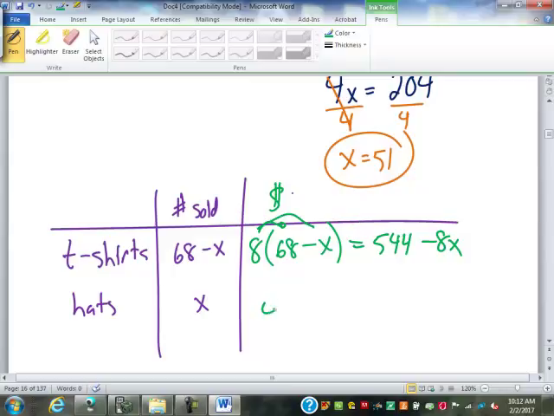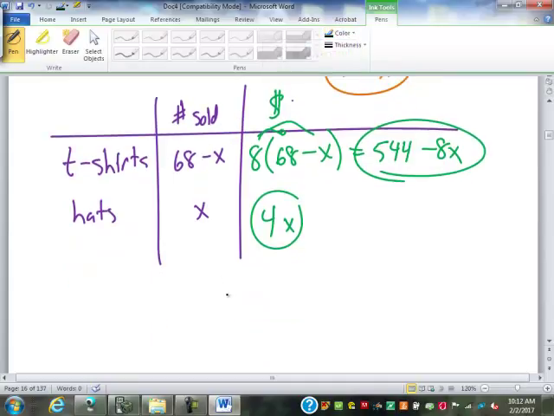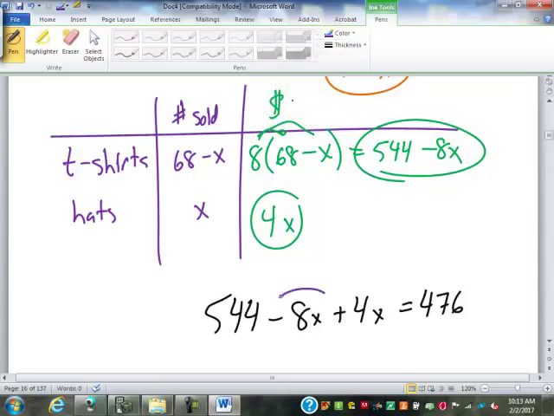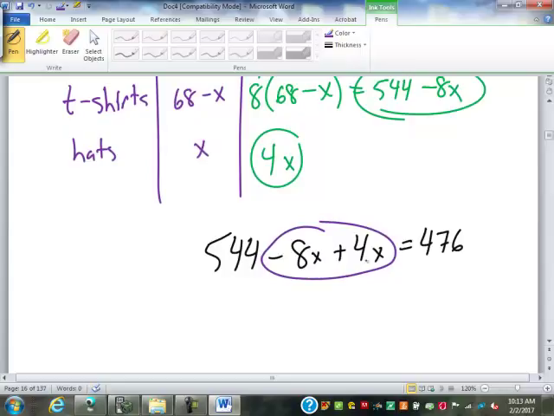This would have been just 4x for the hats. $544 minus 8x plus 4x, but it's still equal to 476. We would still have to combine our x's. Now this time, however, negative 8 and positive 4 makes a negative 4x.